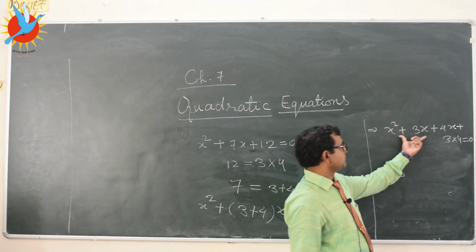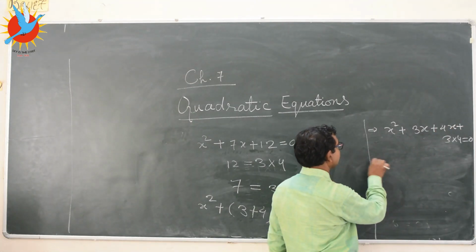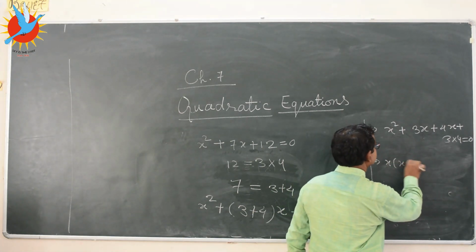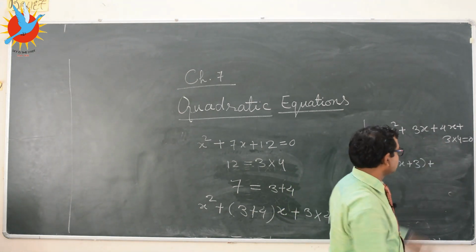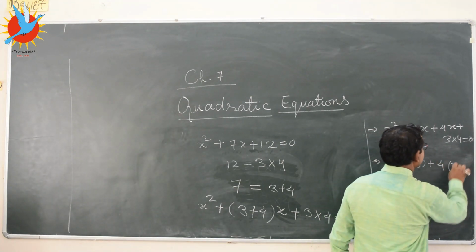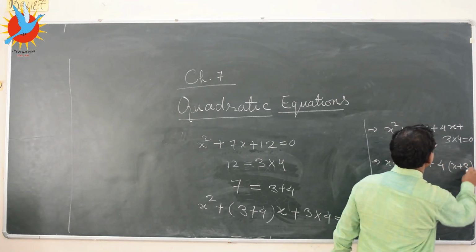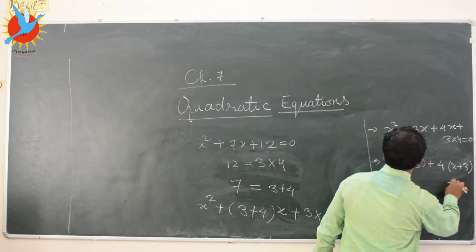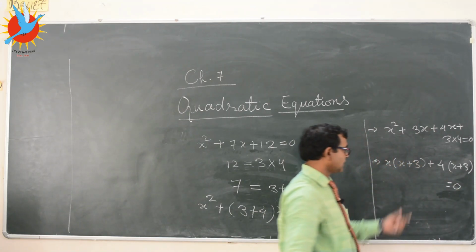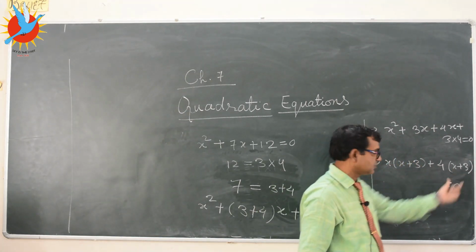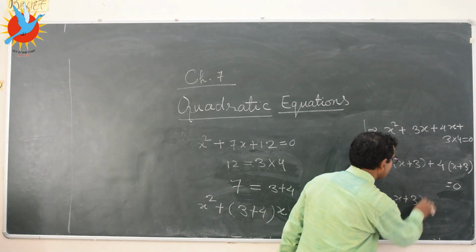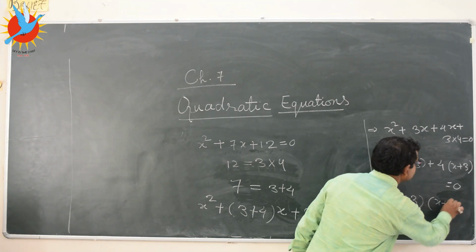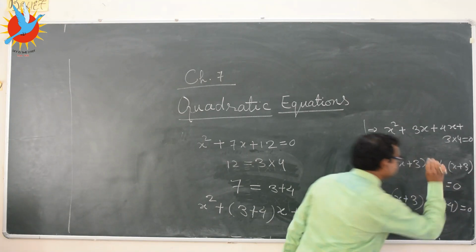Take x common from the first two terms, we have x plus 3, and take 4 common from the last two terms, we have 4 into x plus 3 equal to 0. Here x plus 3 is common. This implies that x plus 3 into x plus 4 equals 0.